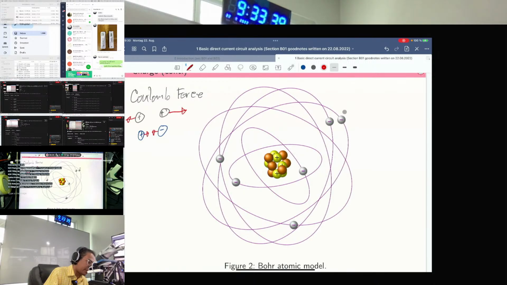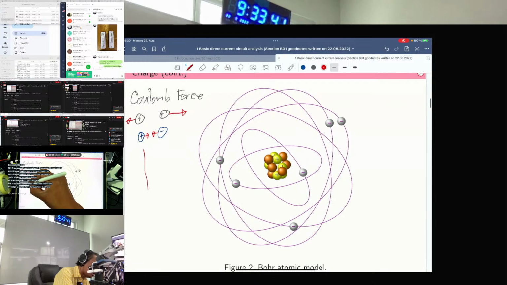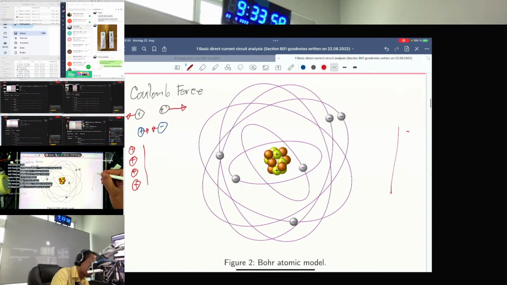If you have a positive plate, a plate that has many positive charges somewhere here, there will be an electric field like this, and on the other side you have a negative charge.